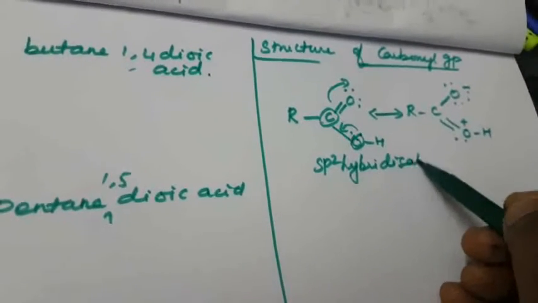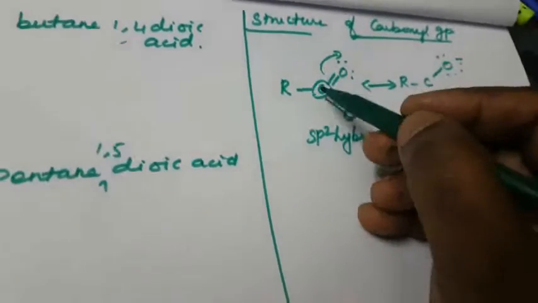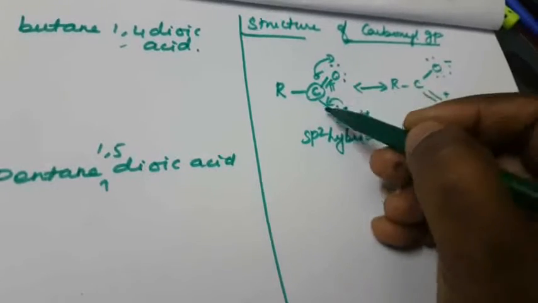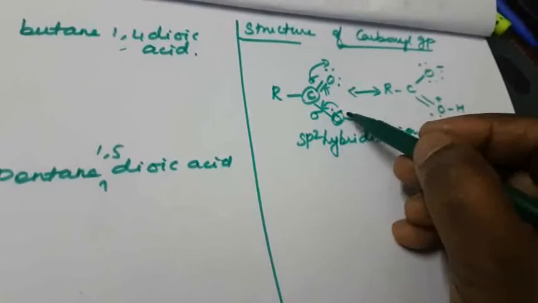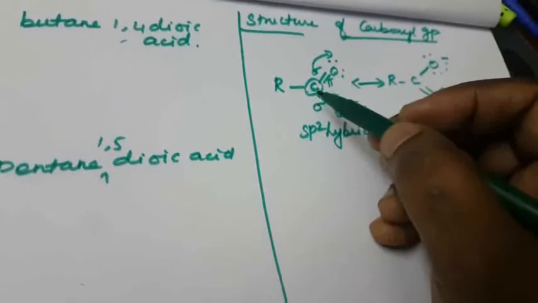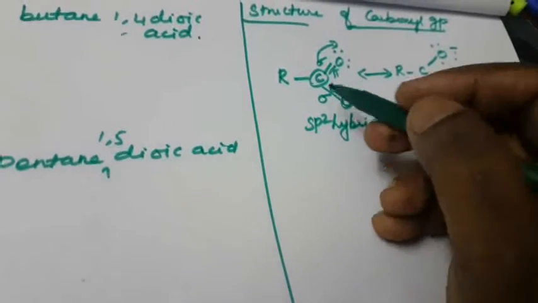Due to this hybridization, the carbon-oxygen overlap gives a sigma bond and 1 pi bond. Here there is 1 sigma bond, and here also 1 sigma bond, so that is 3 sigma bonds.